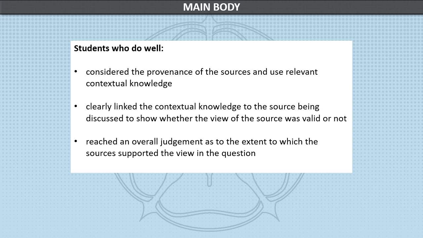They record that successful students consider the validity of views that are presented in sources, and finally that an overall judgment is reached. So what we're going to try to do is to present some specific techniques that we can weave into our answers to make sure that each one of those features is present in our answers.